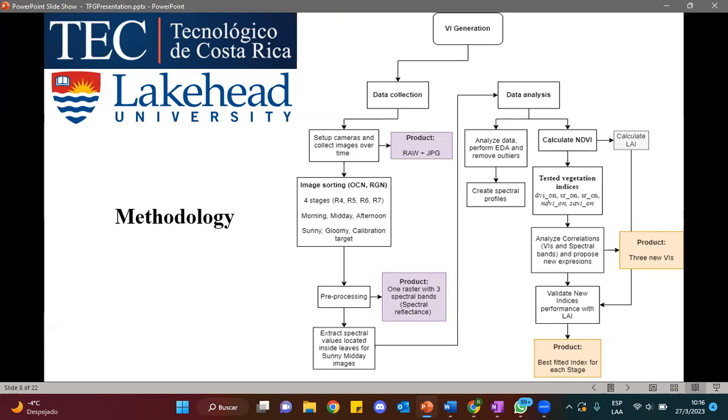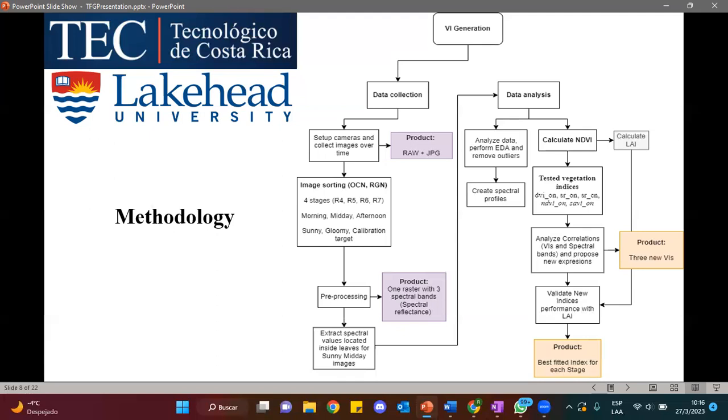Each image contains a RAW and a JPEG file, and having all the images for the 4 growing stages, images were sorted into morning, midday, afternoon, and then whether it was a sunny day, a gloomy day, or a calibration target, which were used later for the pre-processing using Pix4D control camera software. The product of this pre-processing is one raster with the 3 spectral bands having spectral reflectance percentages.